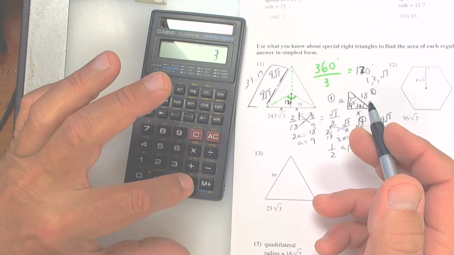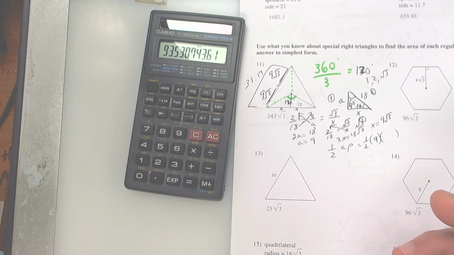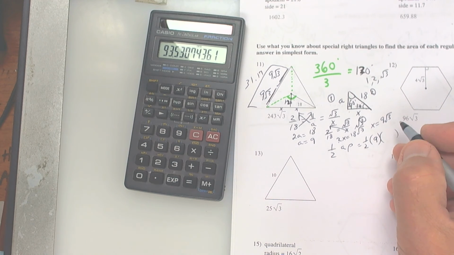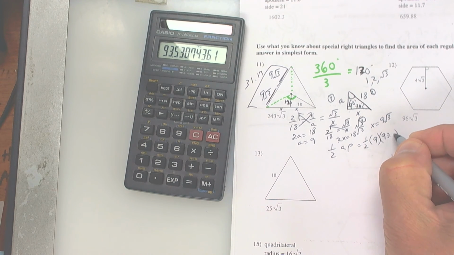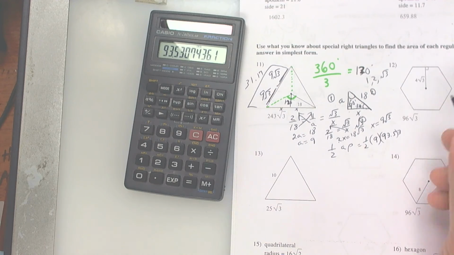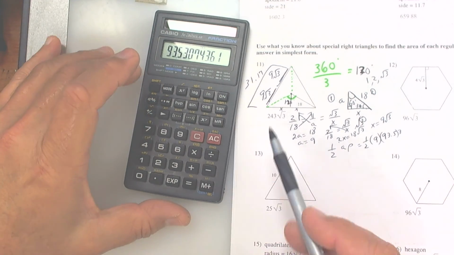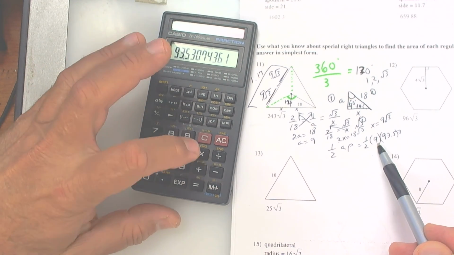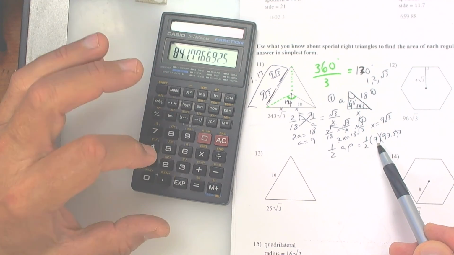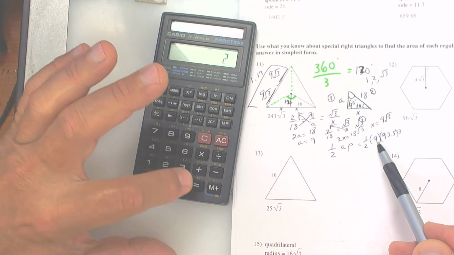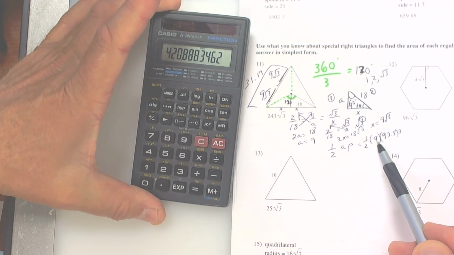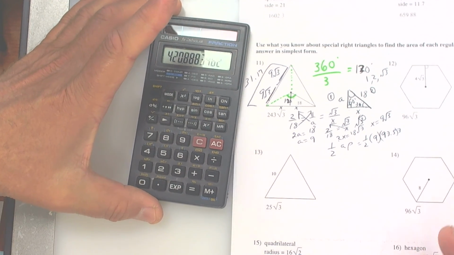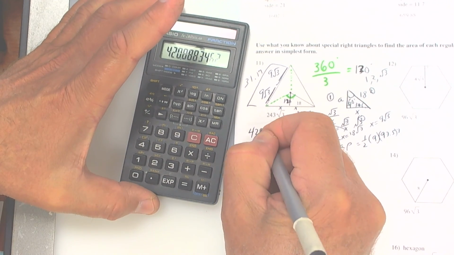So times 3 is going to give me my perimeter. So the perimeter is 93.53 and some change. Since I have all of this on the calculator, I'm going to do times 9, press equals, divide by 2, press equals. I get 420.9. That's what I get, 420.9.